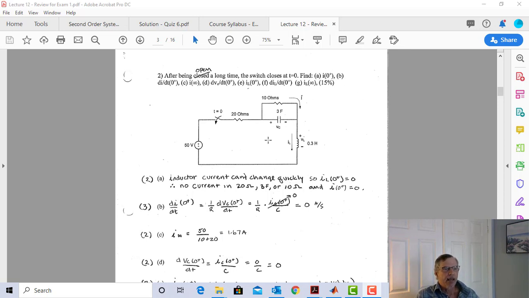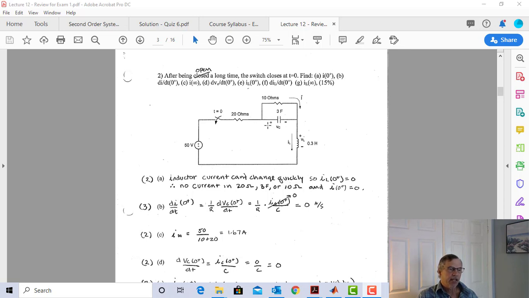So at 0 plus, where's I? Oh, here's I right here. And so what I'm going to say is that the inductor current can't change quickly. So I sub L of 0 plus is going to be 0. And there's going to be no current in the 20 ohms. Why is that? Because there's no current here. The stream split. I got no current here.